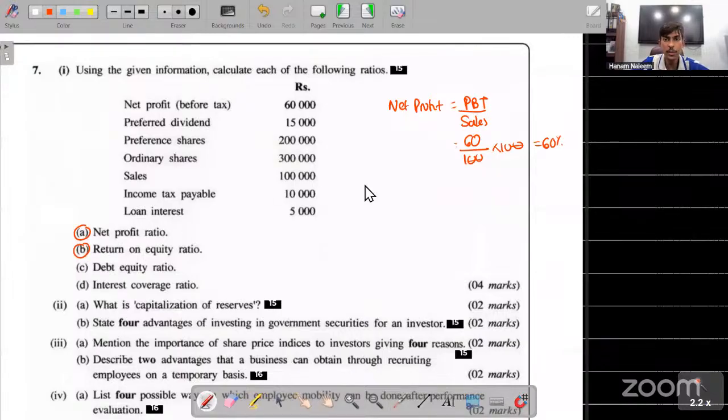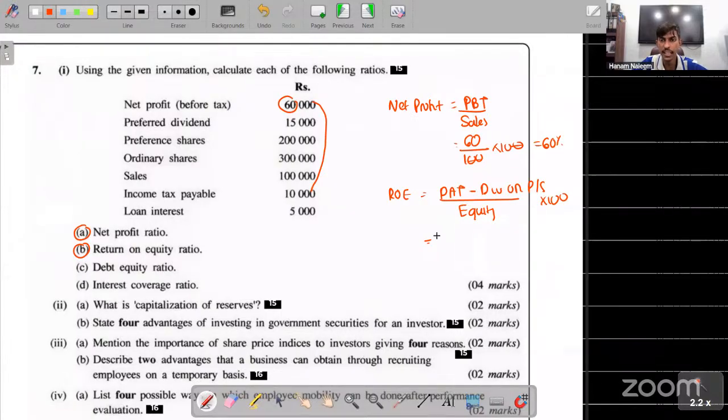Then return on equity. For return on equity, we take the profit after tax minus the dividends on preference shares, divided by equity capital, multiplied by 100. Profit after tax they have not given, but they have given the profit before tax, 60. If you deduct your income tax, you'll get the profit after tax.